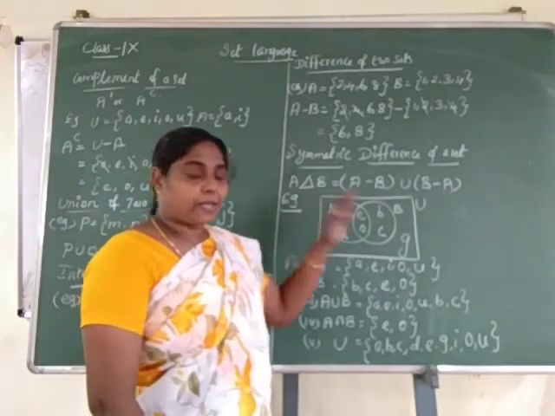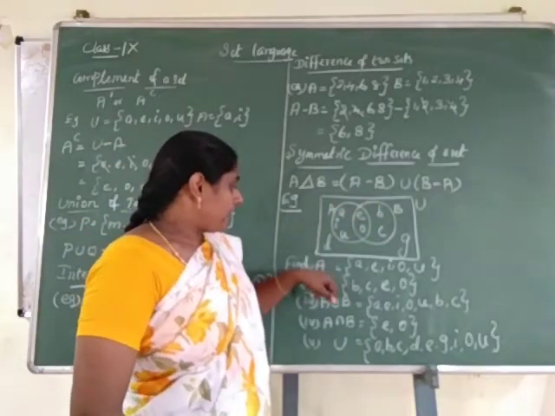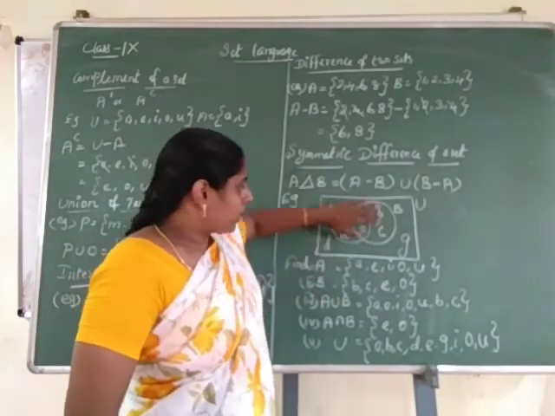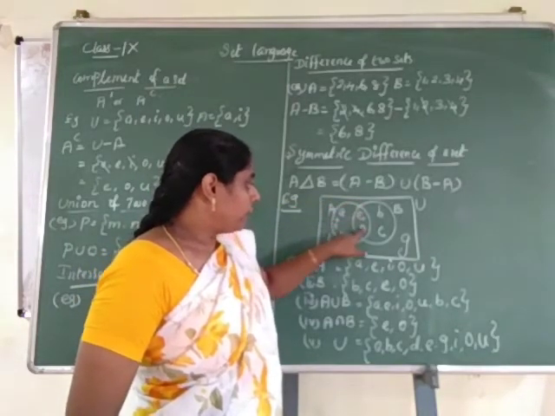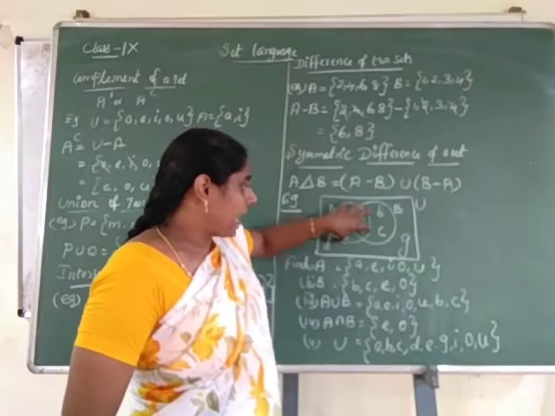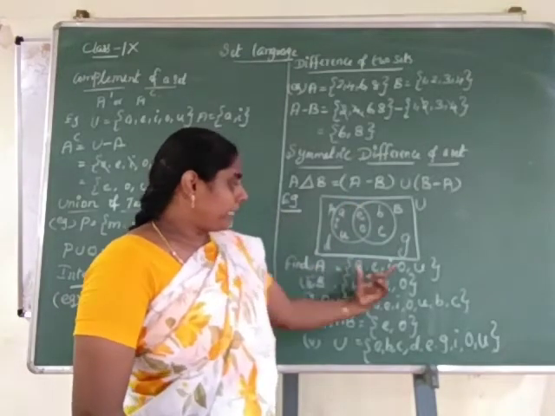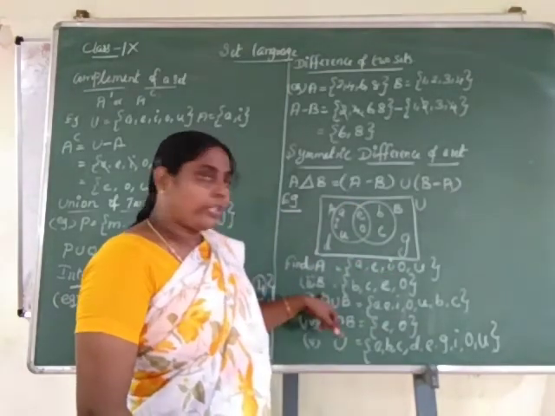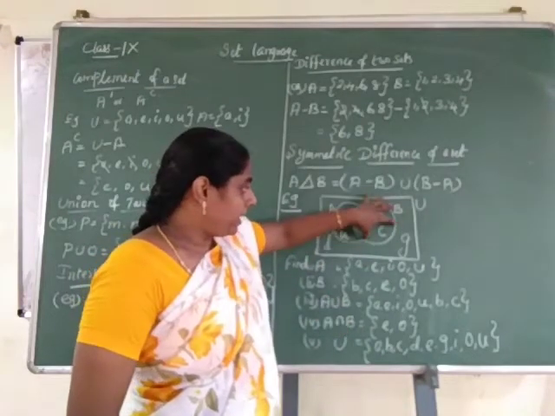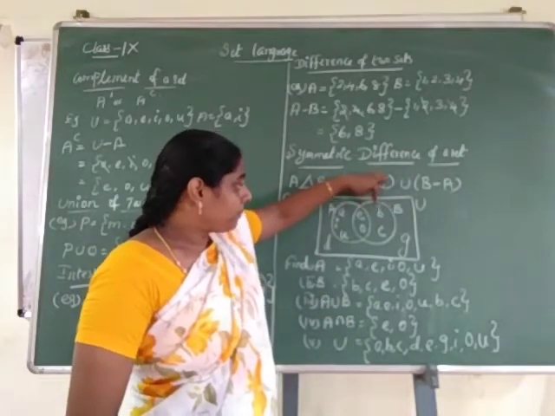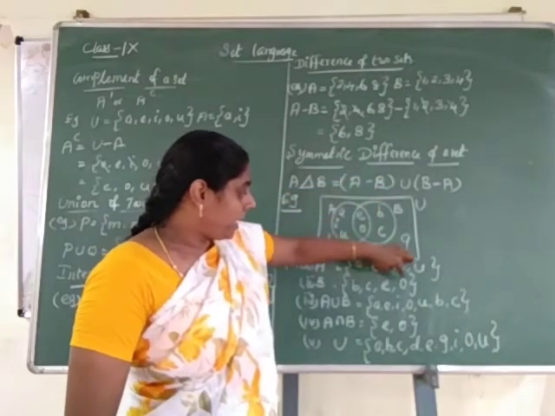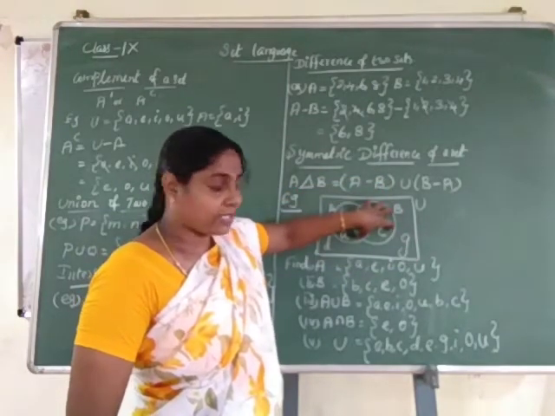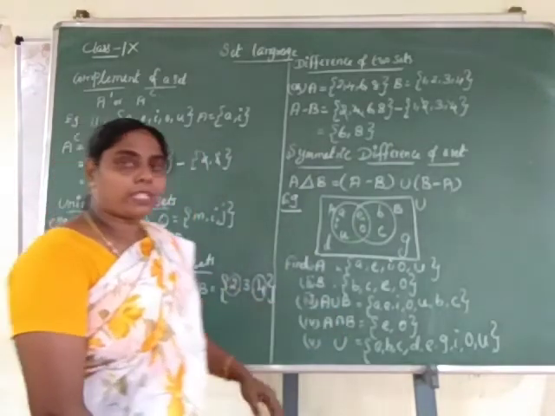Now we are going to collect the elements from this diagram. First we are going to find the set A. What are all the elements present in set A? That is a e i o u. Inside the circle A we had these elements, so take that as set A. Now find B. In B the elements present are b c e and o, so take b c e and o as set B. Next, A union B. What is meant by union?